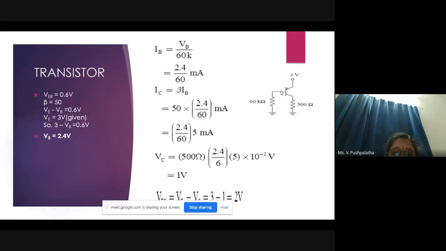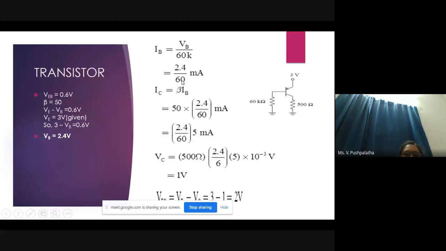Now what I have to do is find out the current, because the beta value they had given is 50. We all know that IC equals beta times IB. First you need to find out IB, which is VB, 2.4, over RB, which is 60.